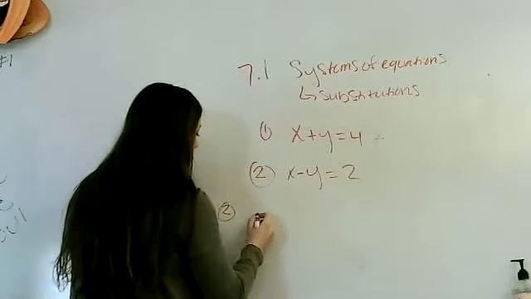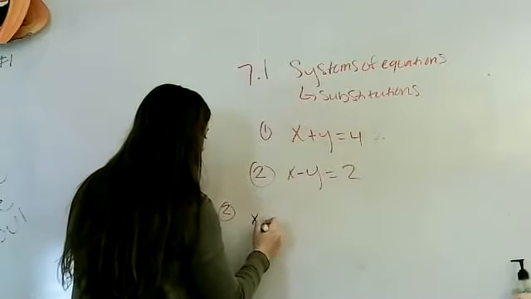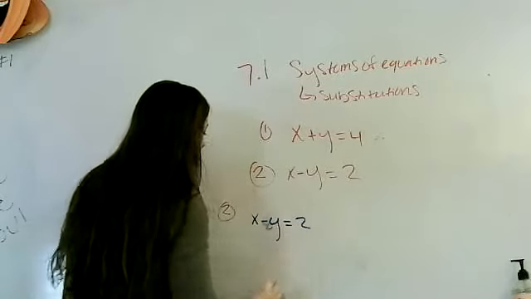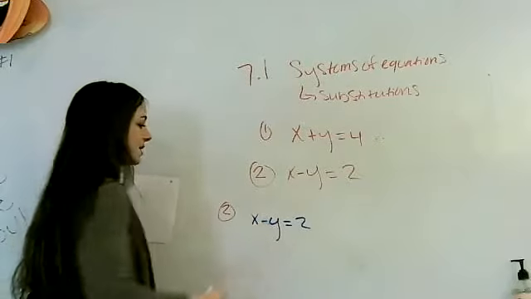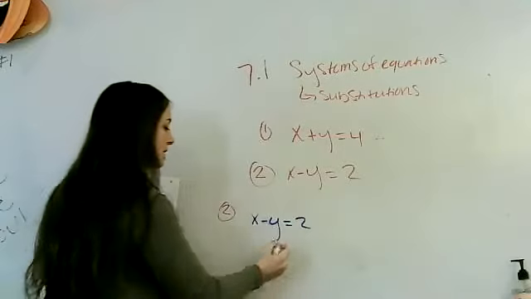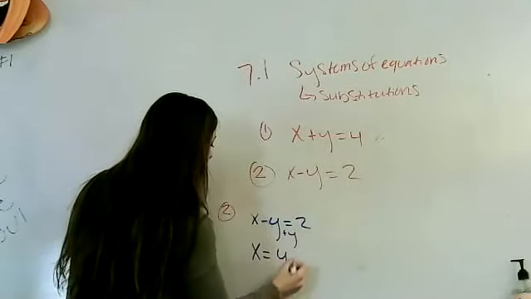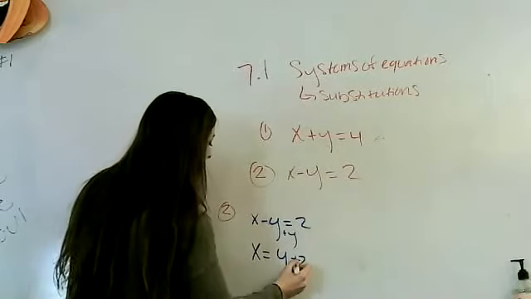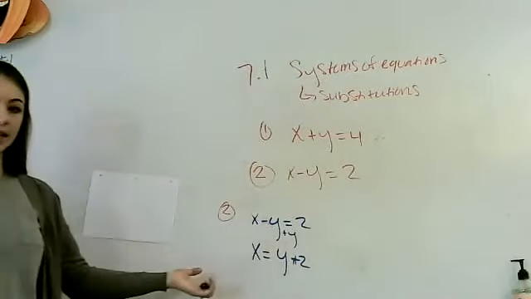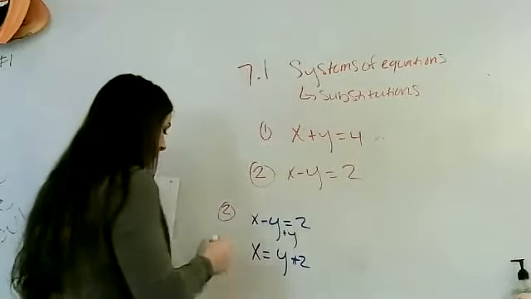So if I start with this one, x minus y equals 2, you can start by isolating either x or y. I'm going to start by isolating x, because that means I add y to both sides, and I get x equals y plus 2. Again, I've isolated it, and I have all positives. Kind of a win-win here.